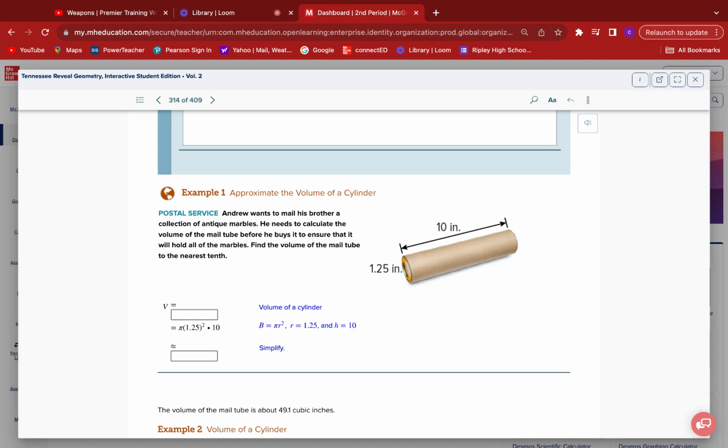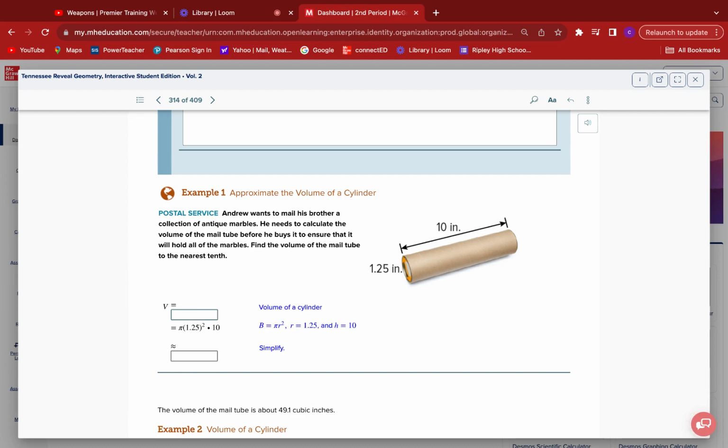All right, so 1.25 is the diameter. That line goes all the way across. That means you got to divide by 2 to get your radius. So this is a typo. 1.25 divided by 2 is 0.625. That is the radius, not 1.25. So 0.625, y'all. That's your radius.